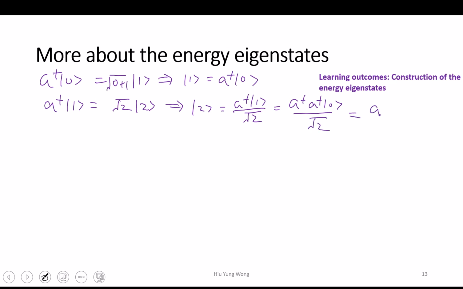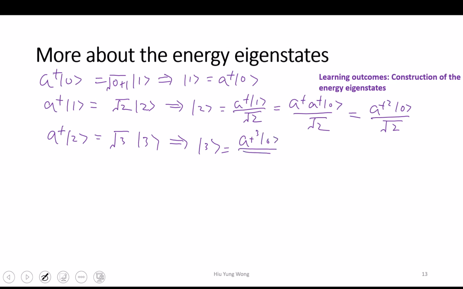So this is equal to A dagger squared on 0, meaning apply it 2 times. So similarly, you get A dagger on 2, right? You see this is just square root 3, right? And similarly, you will get 3 equal to A dagger to the power 3 on 0, divided by square root of 2 times 3.